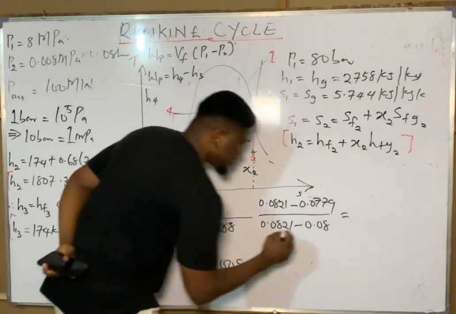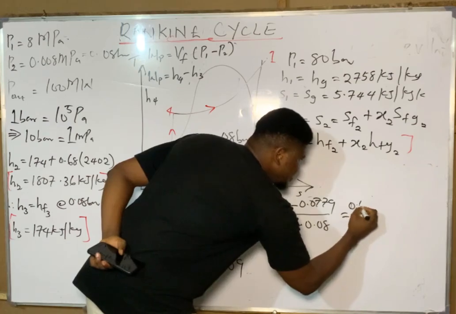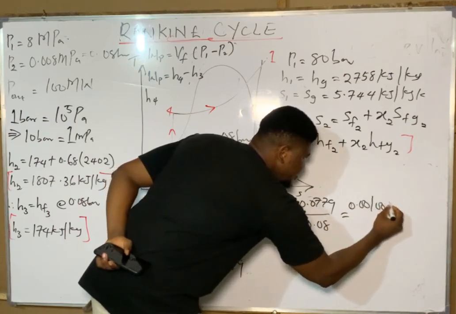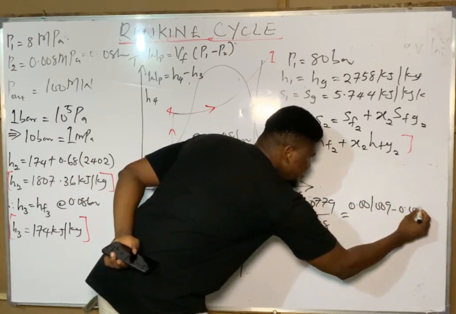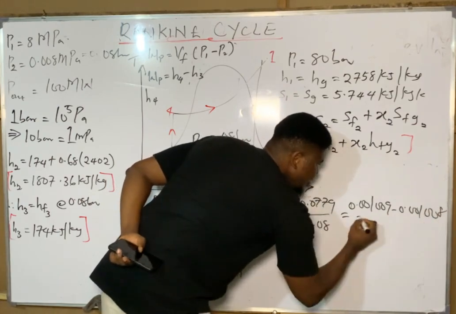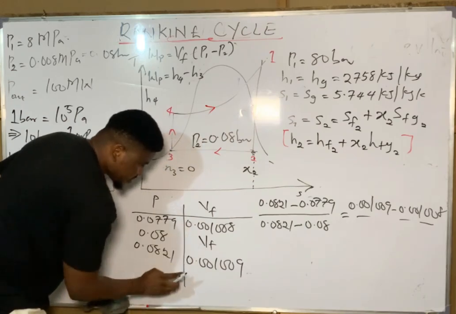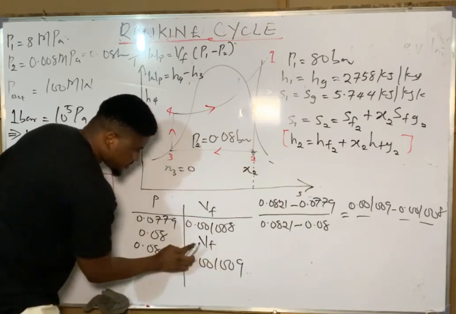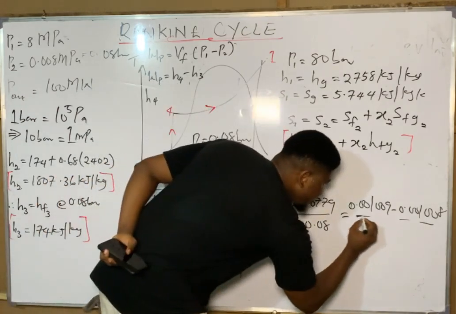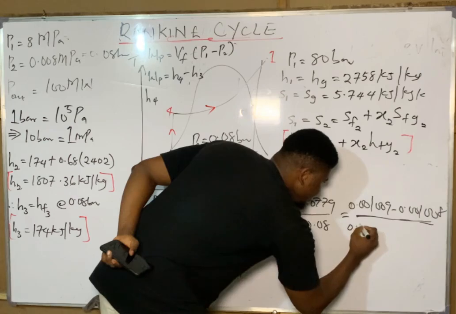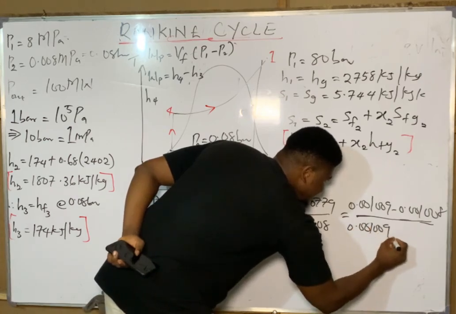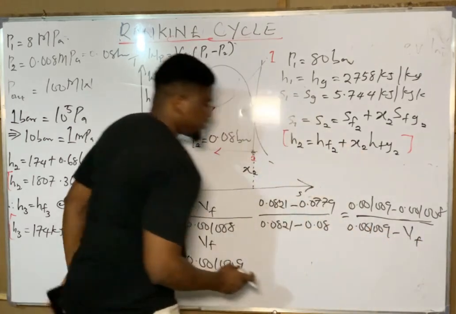So I have 0.001009 minus 0.001008 all over last minus the middle, so 0.001009 minus VF.